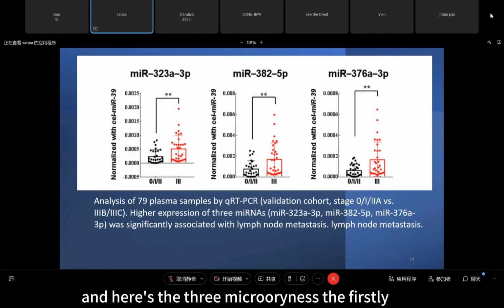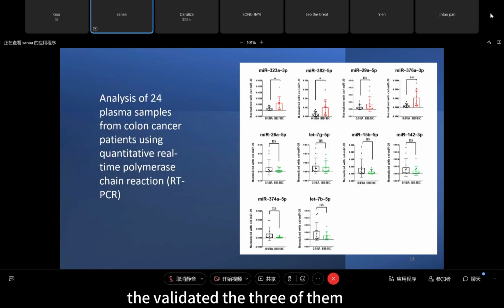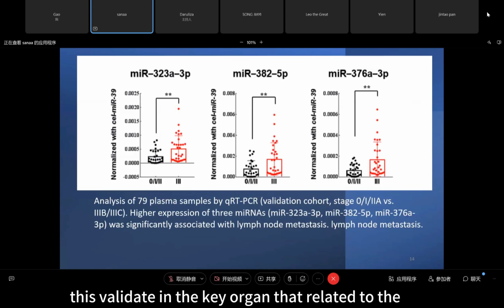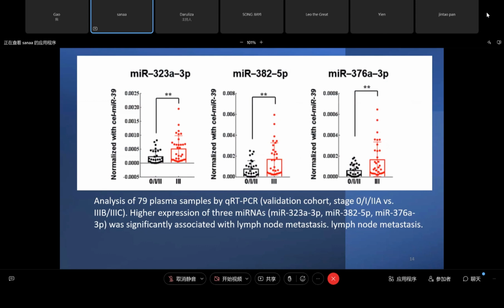And here are the 3 microRNAs. Firstly, they validated them in 79 samples, and then they validated the 3 that are related to lymph node metastasis.